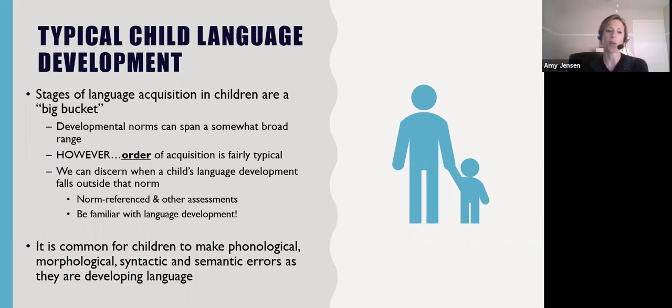And when we do, we're able to discern when a child's language development is falling outside that norm. Also, it's important to note that children do make errors as they're learning language. So an error does not necessarily a disorder make, but our job is to be able to parse between what's typical and atypical and get children the help that they need.